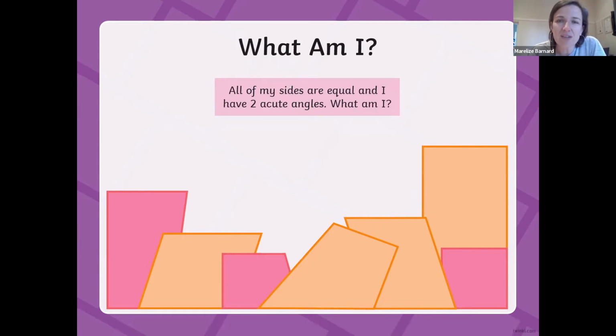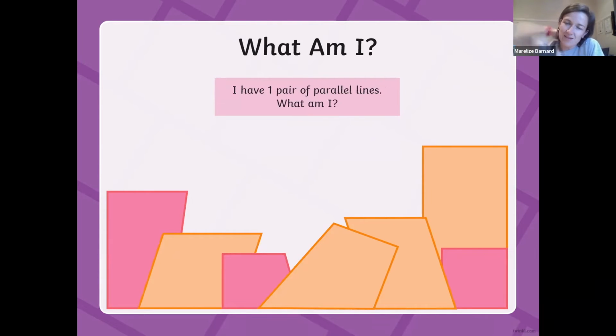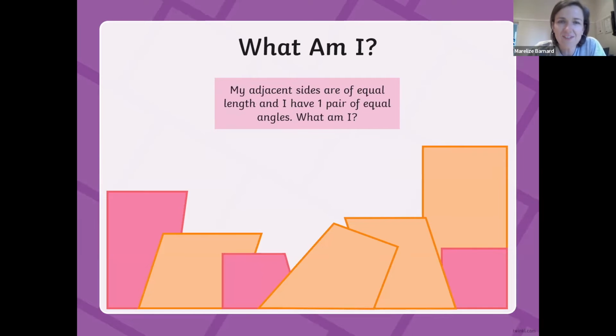All of my sides are equal and I have two acute angles. What am I? Nice. Rhombus. Well done. Okay, I have one pair of parallel lines. What am I? Yes, Masood, it's trapezium. Good.